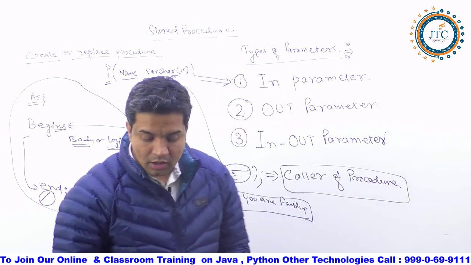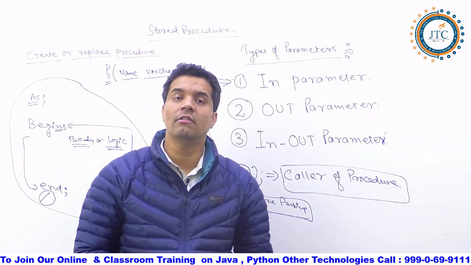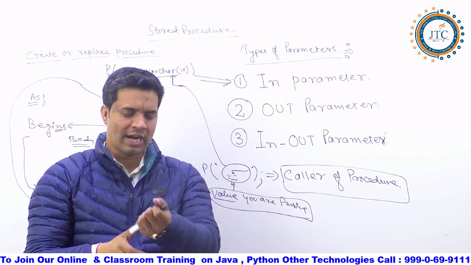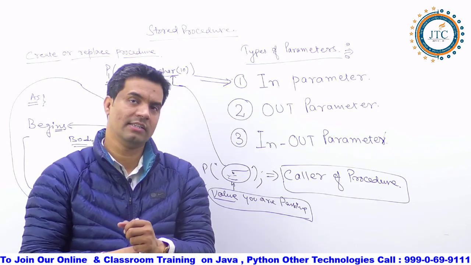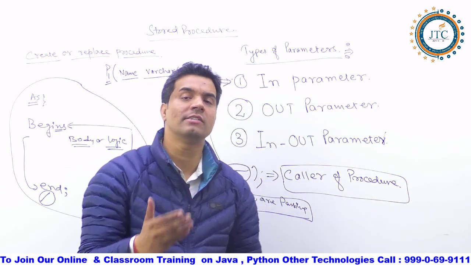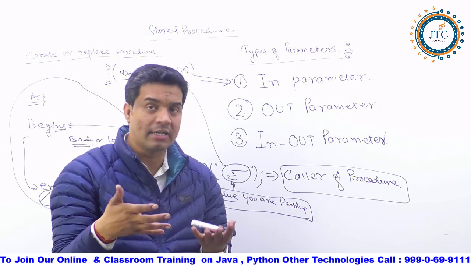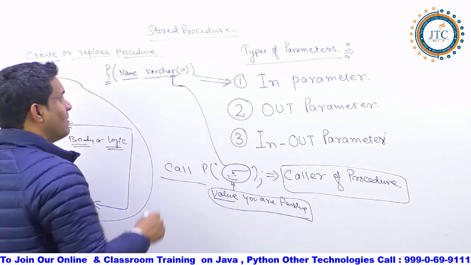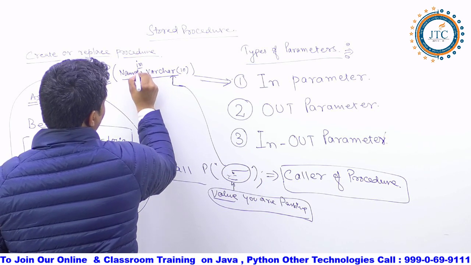Now, one more thing: what if I want to provide these values explicitly? I want to specify the procedure parameter type explicitly, in these cases. So when I say explicitly, here you can write the in parameter.